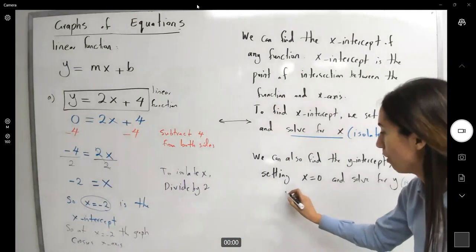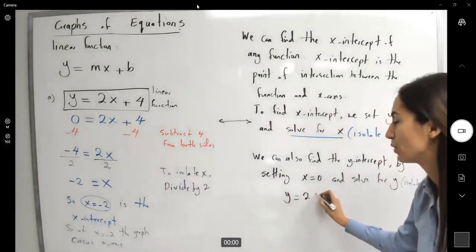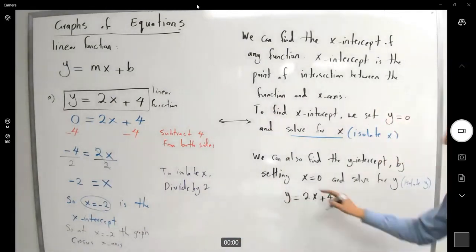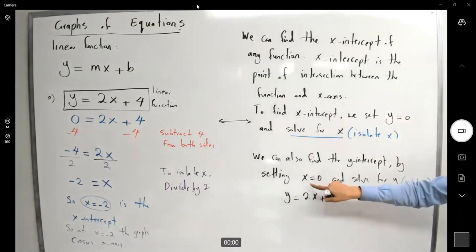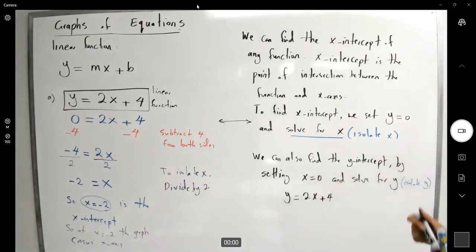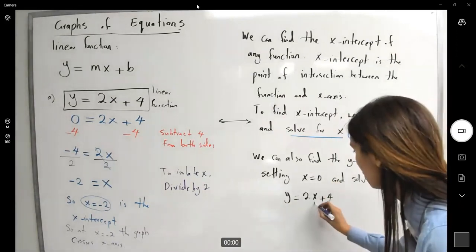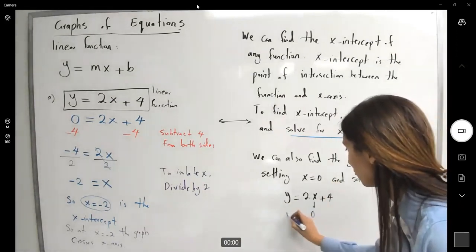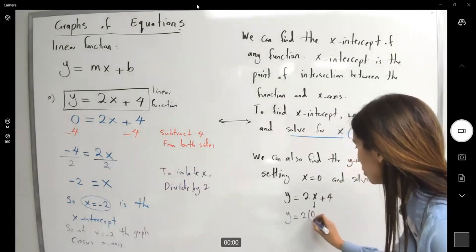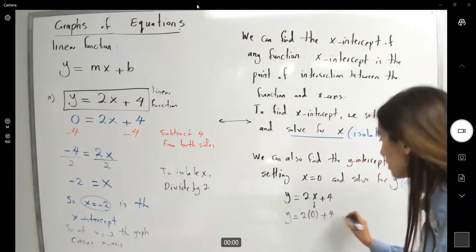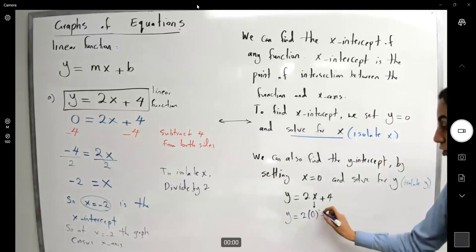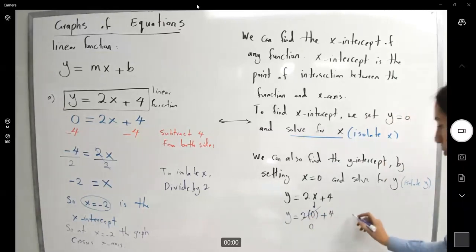Since y is equal to 2x plus 4, I simply need to set x equal to 0. So when x is 0, I have y equals 2 times 0 plus 4, but 2 times 0 is just 0. So my y becomes 4.